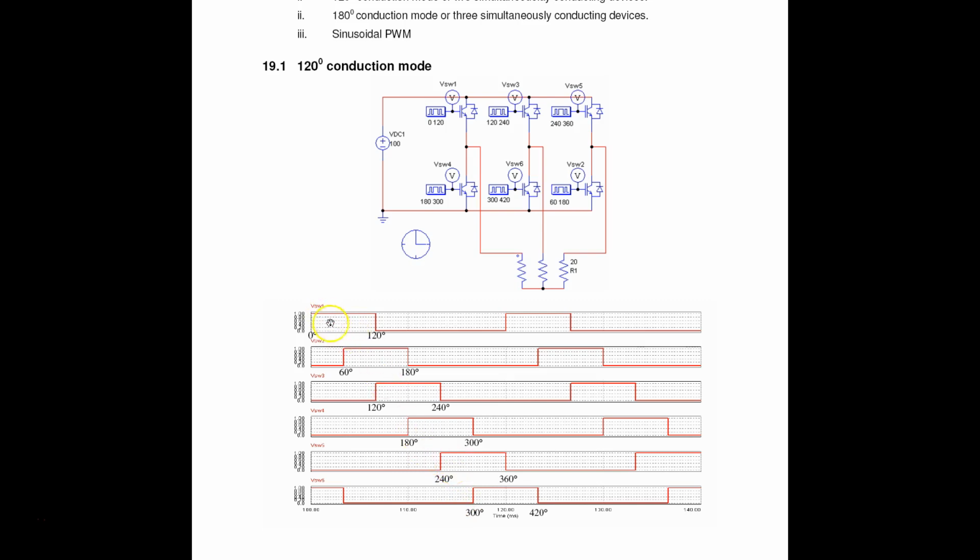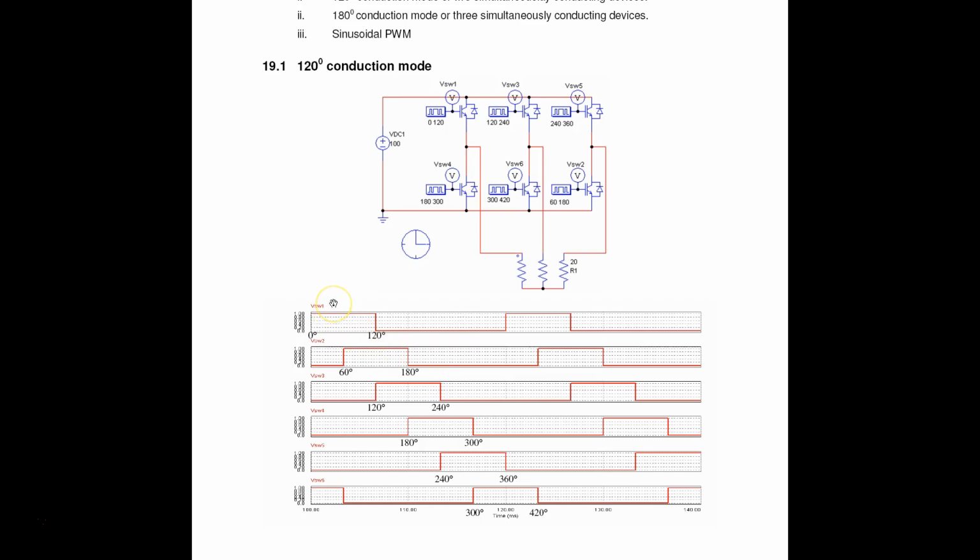So by having those signals correctly fed to control the respective switches, then you will have a correct 120-degree conduction mode.